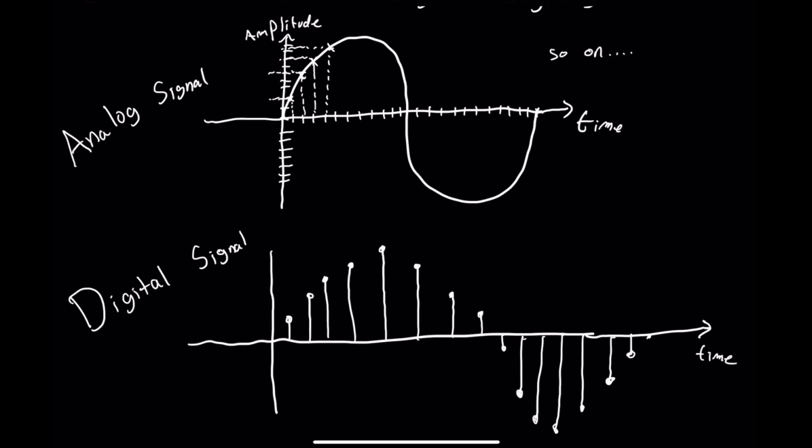And a digital signal, now that we introduced the term samples, we're going to take regular samples in time, and we're going to be able to store this information in our computers. So in general, sound waves are analog by nature. There's no in between one point to the other, and that's essentially what a sound is. It's an analog signal. But then we can describe it in a digital way, which, as we mentioned, is taking regular samples of the analog signal, and then that information can be stored in our computers.